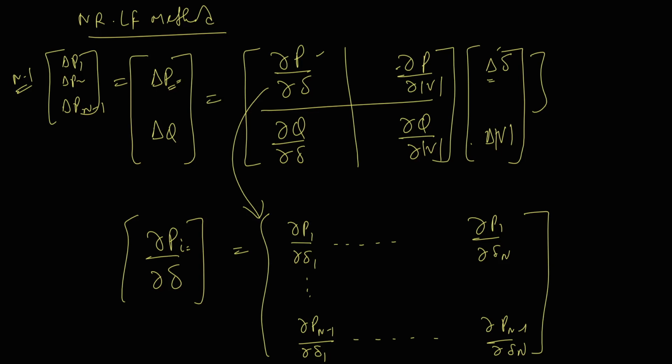So this is an n minus 1 by n minus 1 matrix, or in other words, m plus n by m plus n, load buses plus generator buses, the size of this first matrix J1, right?